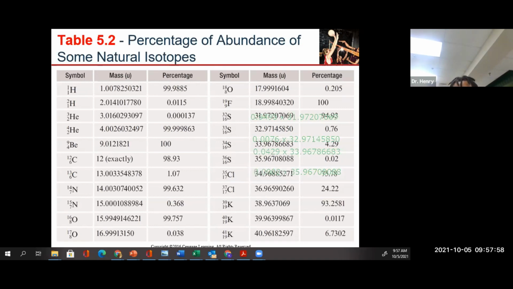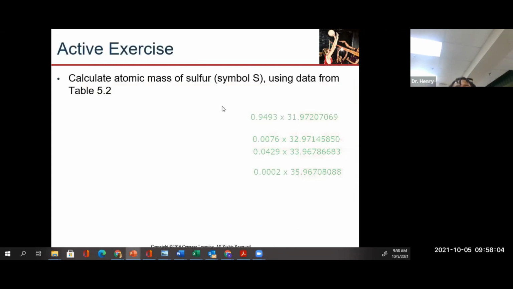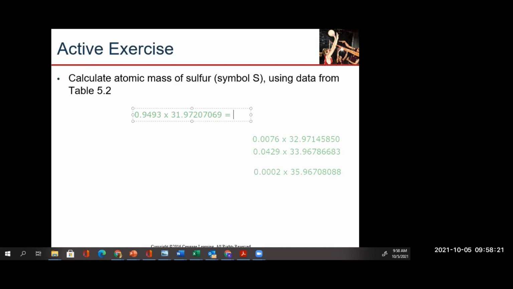Okay, and so we got the data. So let's do those calculations. Start off with the first one. How many sig figs do we have? Is it 4?